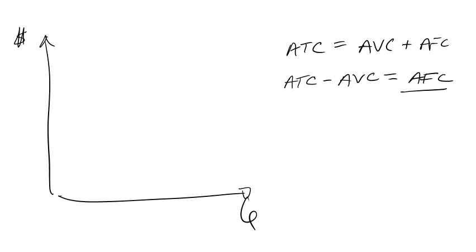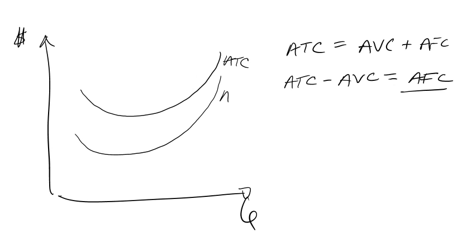So, the average total cost curve and the average variable cost curve are going to be U-shaped. And the vertical distance between them is always going to be equal to the AFC. And this, of course, would be the AFC at this particular quantity.